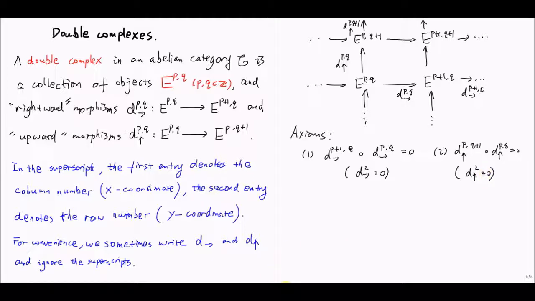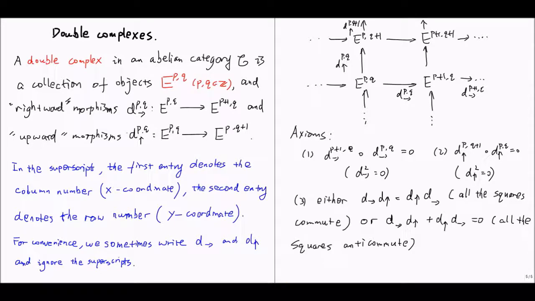And furthermore, as you have expected, each square in this double complex should satisfy some commutativity condition. And here we require either each square is commutative or each square is anti-commutative.